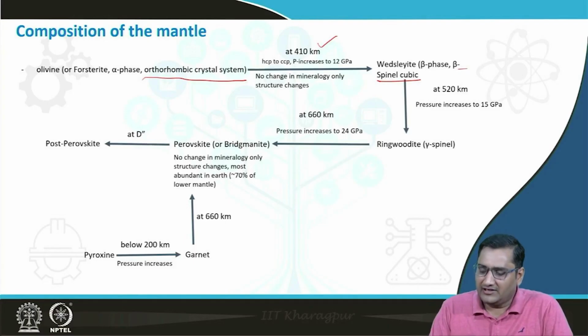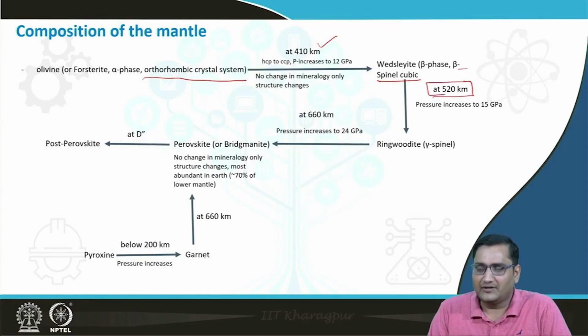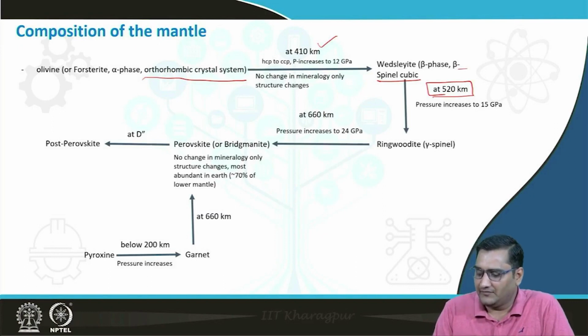And as you increase the pressure further, at around the 520 kilometer discontinuity, that is a less dramatic seismic discontinuity, the pressure increases to 15 gigapascal.